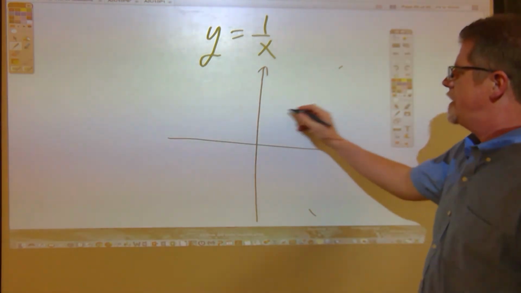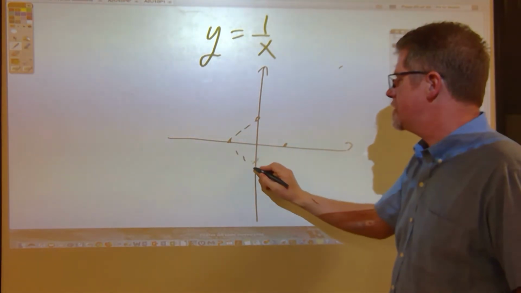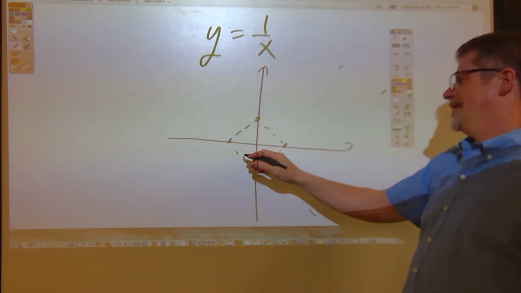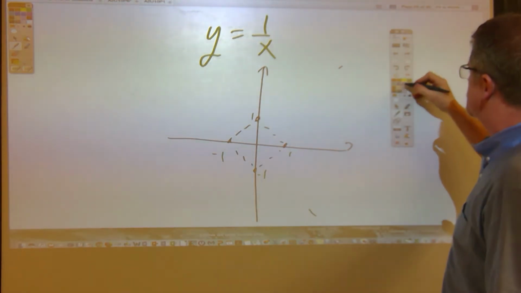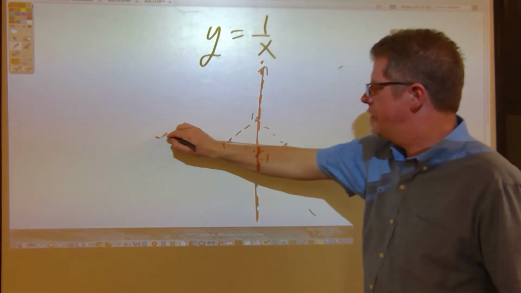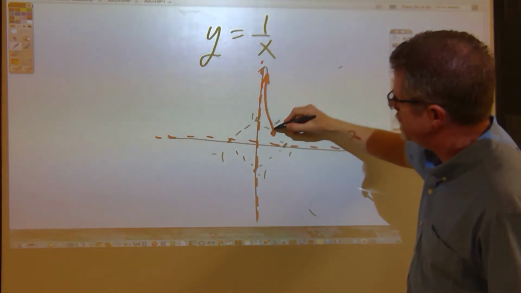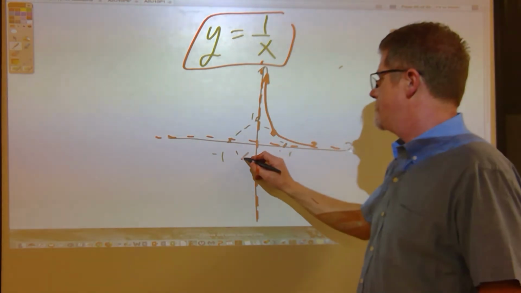So when you draw this, the dotted box is actually like a diamond. This is 1, -1 on both axes. And when you extend the diagonals, and then draw the branches honoring the asymptotes, you get the y equals 1 over x parent graph.